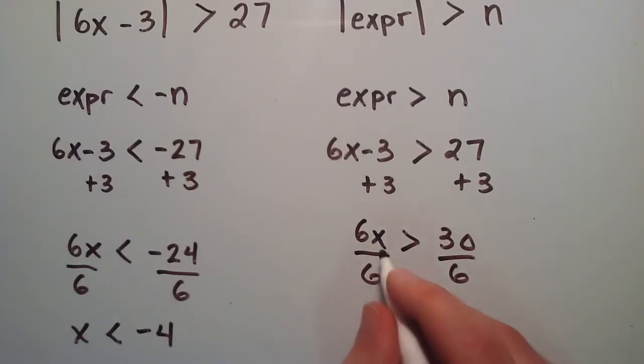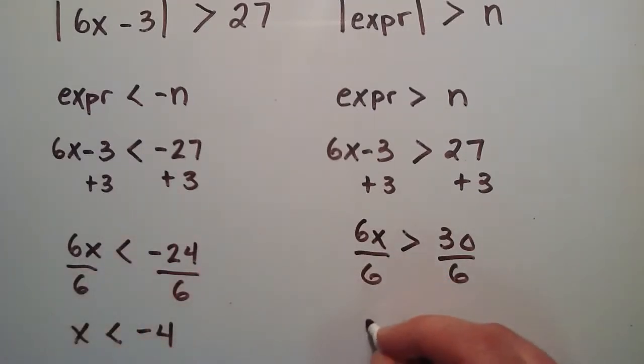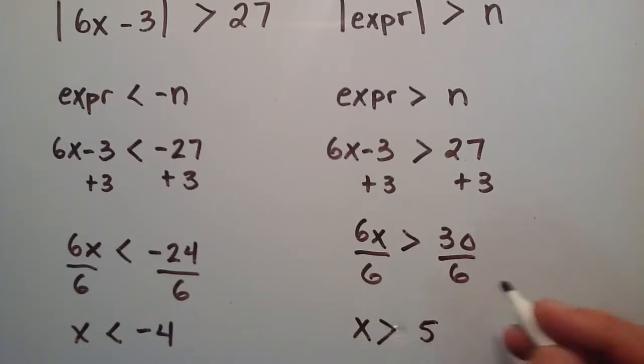And then on this side right here, 6x divided by 6, just like on this side over here, gives us an x. That's greater than 30 divided by 6 gives us 5. So this is basically our solution in two parts right here. So we can have x less than negative 4 and x greater than 5.